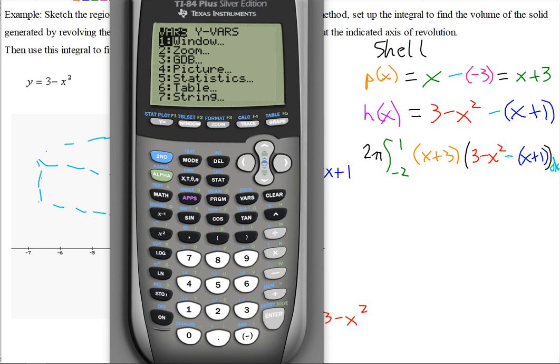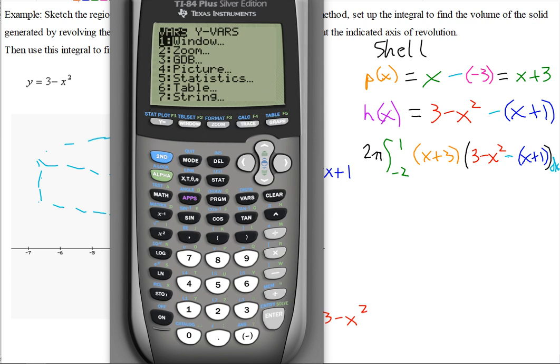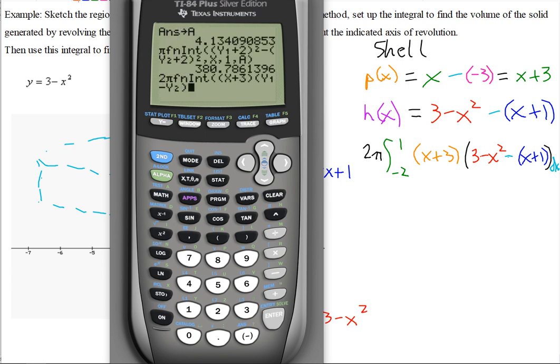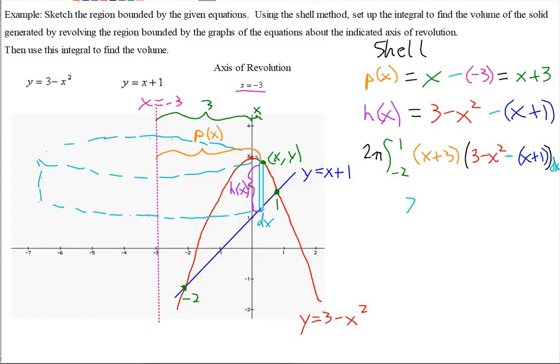So vars, y variables, y1 minus x plus 1, that's y2. So vars, y variables, y2. Close parentheses on that. And then comma, our variable x, comma, the lower limit's negative 2, comma, the upper limit's 1. So we get 70.686 units cubed.